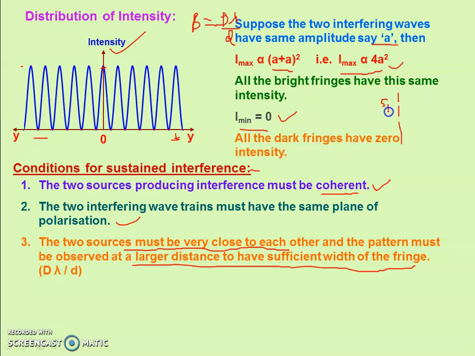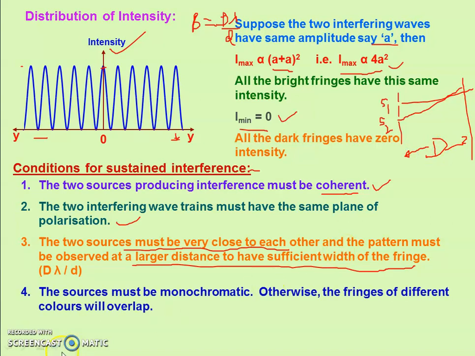S1, S2 should be close to each other, and the screen where your observations are taking place should be at a larger distance, meaning capital D should be greater. Got my point?